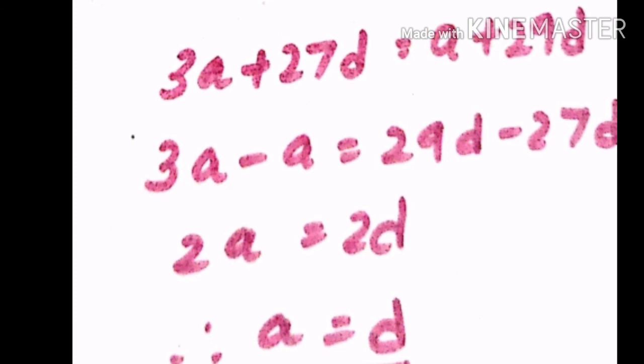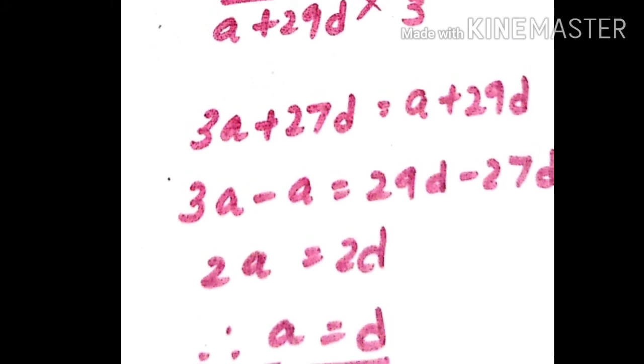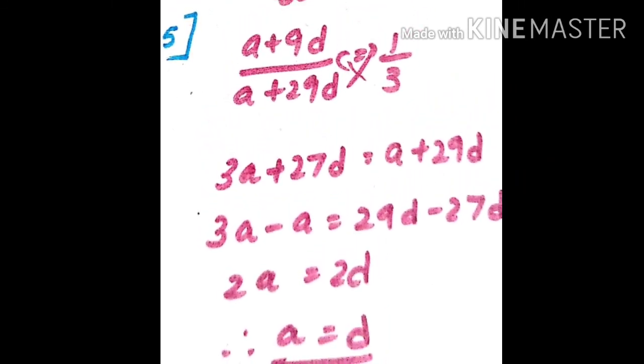Now taking like terms together, 3A minus A is equal to 29D minus 27D. So 2A is equal to 2D. Now from both sides the 2 gets removed. So A is equal to D. This means the first term is equal to the common difference in this question.